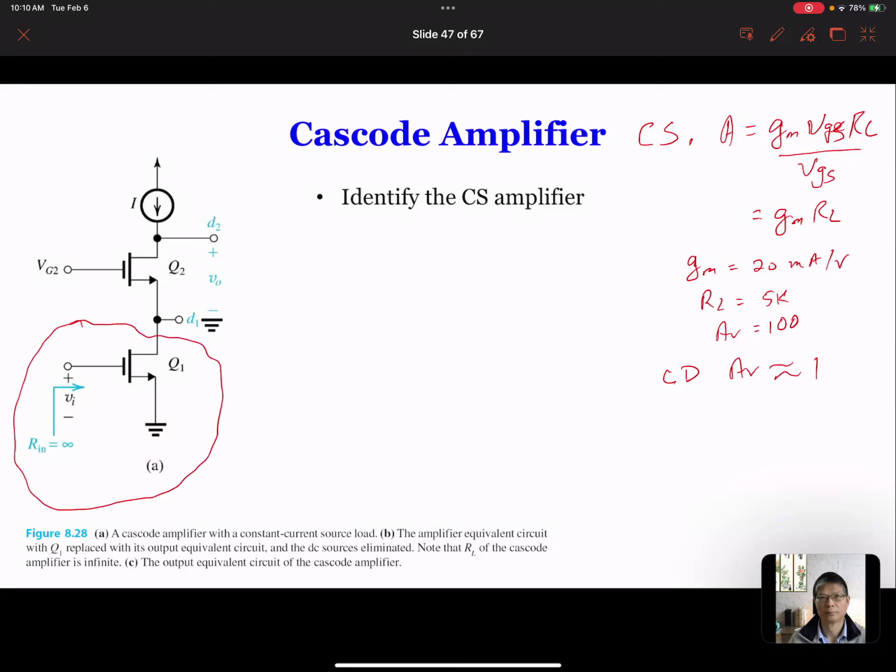At the drain, we have the output at the drain of Q1. But instead of taking the output at the drain of Q1, a point D1 on the graph, we actually instead, so I can draw another circuit here so that you have a comparison, the big differences.